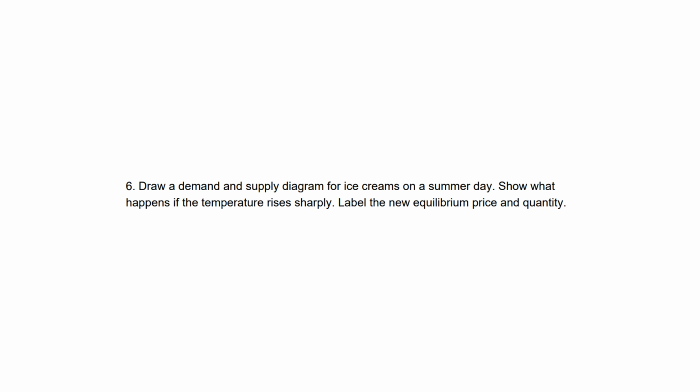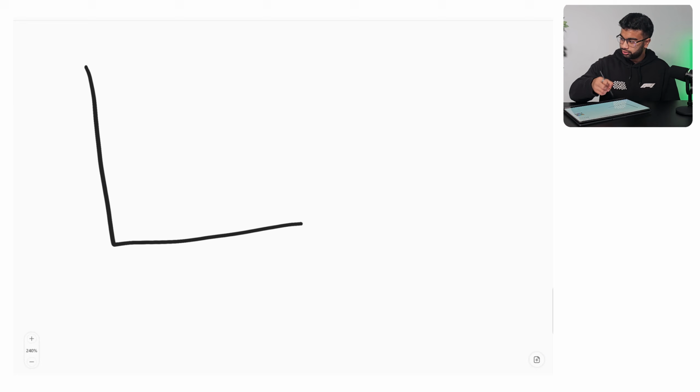The next question tells us to draw a demand and supply diagram for ice creams on a summer day, and asks us to show what happens if the temperature rises sharply. So let's look at the first part of the question first. If we draw a demand and supply diagram for ice creams on a summer day, we'd have price here and quantity here.